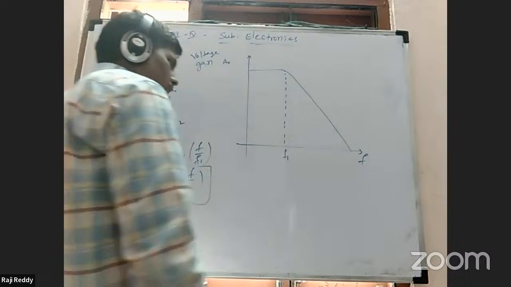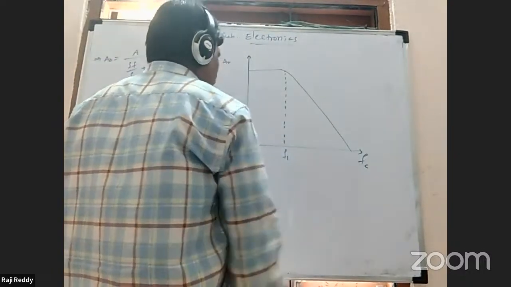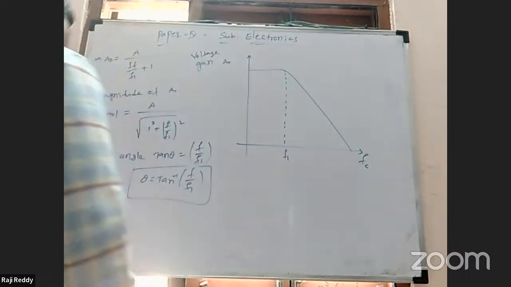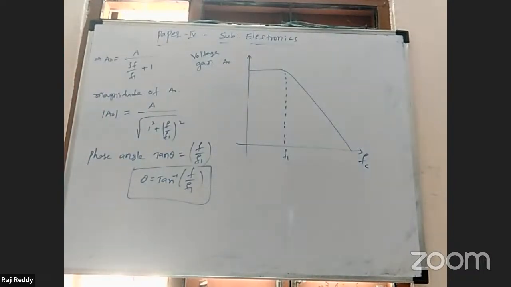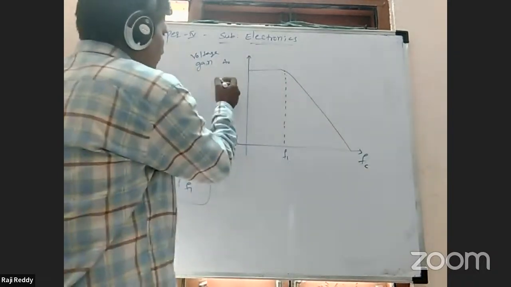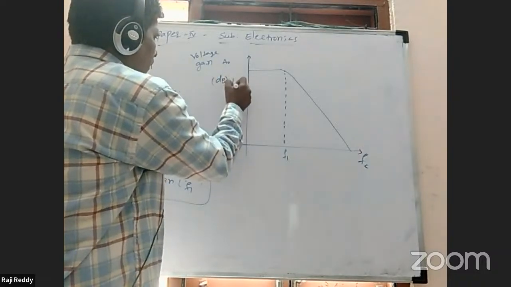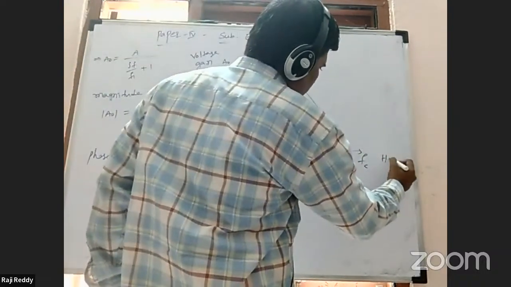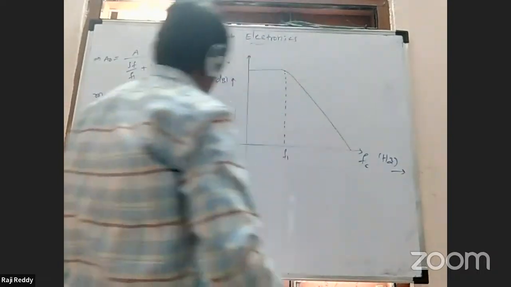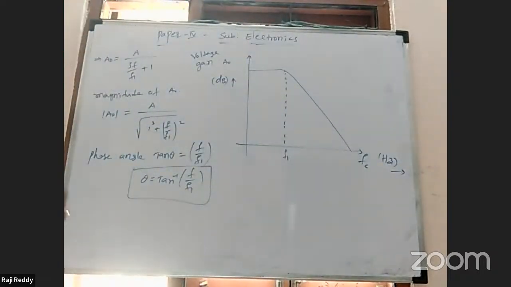In the open loop circuit, you'll get the frequency versus voltage gain graph, and the graph nature is like this. Frequency may be 10 hertz, 100 hertz, 1000 hertz, whatever the range may be. Gain values are measured in decibels, and frequency is measured in hertz. That's the graph nature.